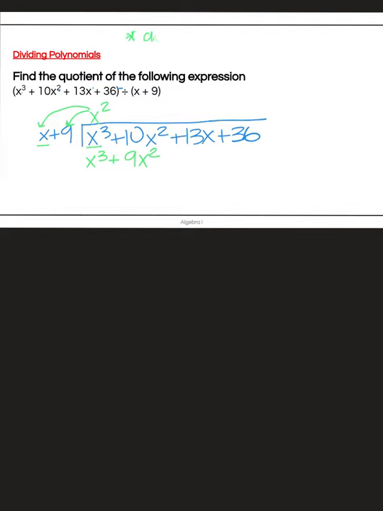Again, change the sign of the second polynomial.